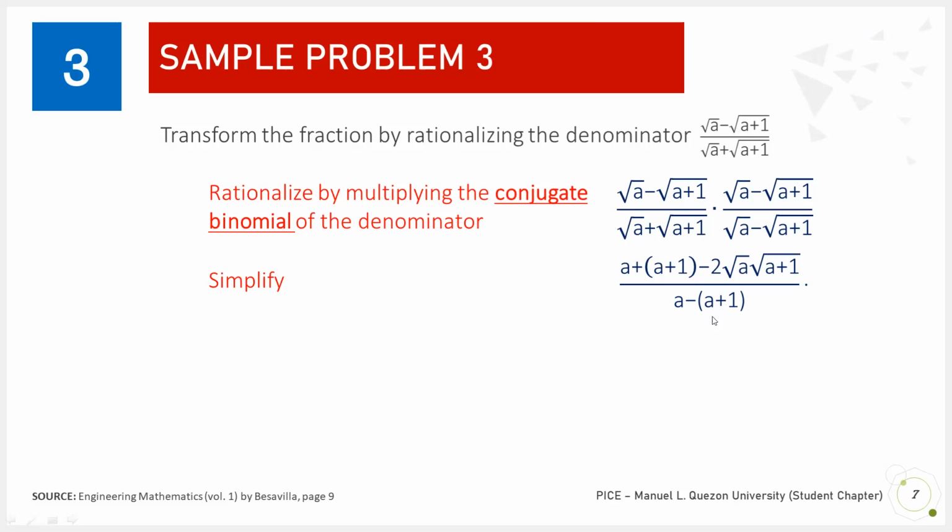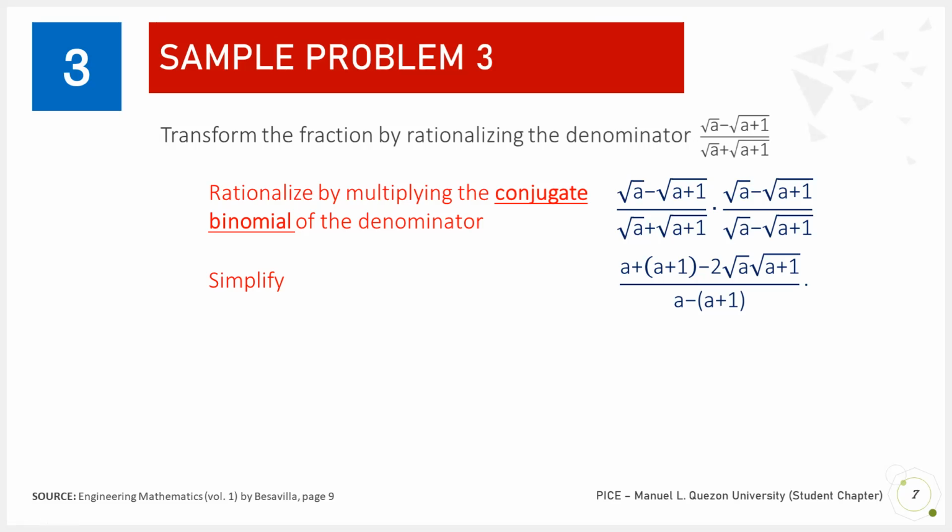So bakit natin in-skip in particular yung multiplication ng first term ng denominator tsaka yung second term ng conjugate binomial, tapos yung multiplication ng second term ng ating denominator at yung first term ng conjugate binomial.